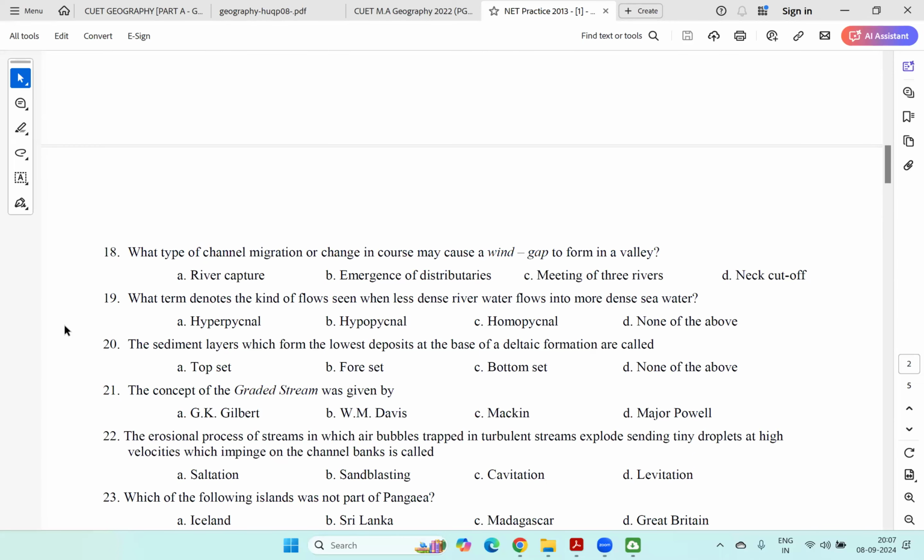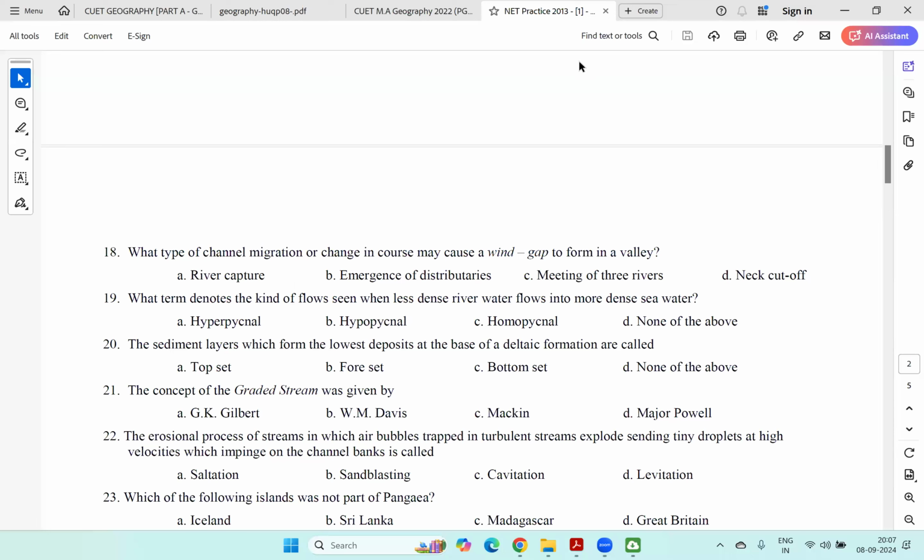Okay, then one interesting question. We did river geomorphology. Let's do something else. Which of these islands was not part of Pangaea? Iceland, Sri Lanka, Madagascar, Great Britain. Which one? 23? Any idea? Iceland is correct. Why?